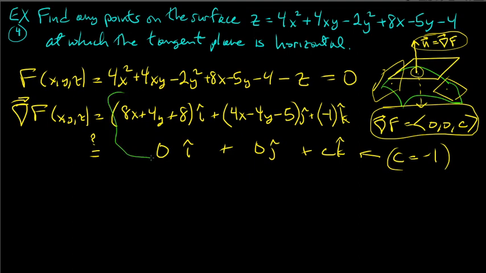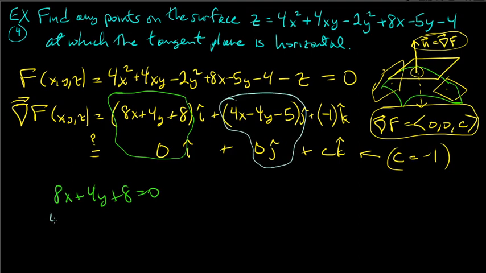So just match them up. The first component gives you this equation, and the second component gives you this equation. So you have two equations in two variables. This is nothing new.